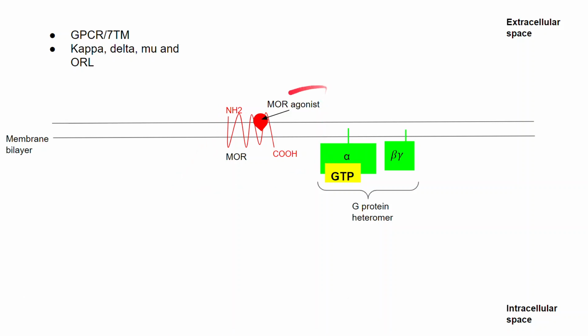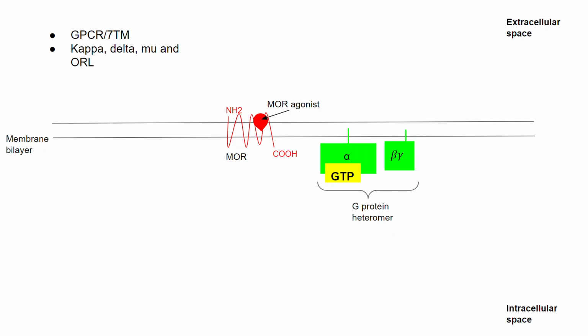So I've used the word agonist a few times already, and it just basically means any molecule which binds to a receptor and activates it, as opposed to an antagonist, which would inhibit it or block it. So there are 2 main types of agonists. You can have exogenous agonists, or externally administered agonists, like morphine and fentanyl.